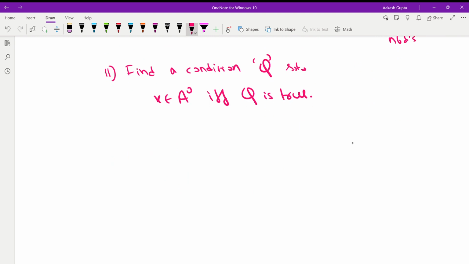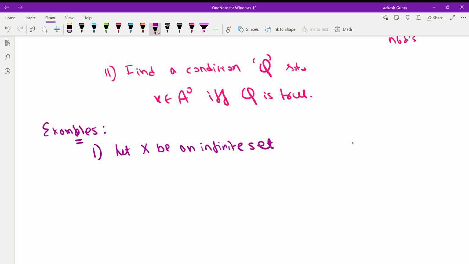Now let me have a few examples. Number one, let me give you something non-trivial. Let X be an infinite set along with tau suffix COF.